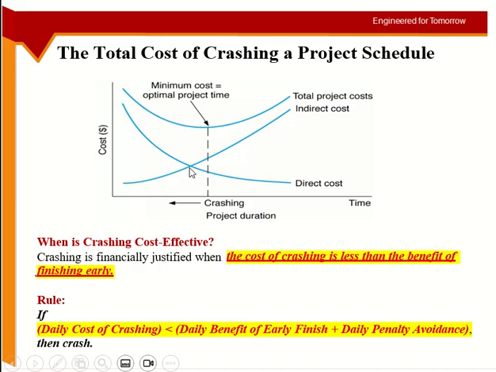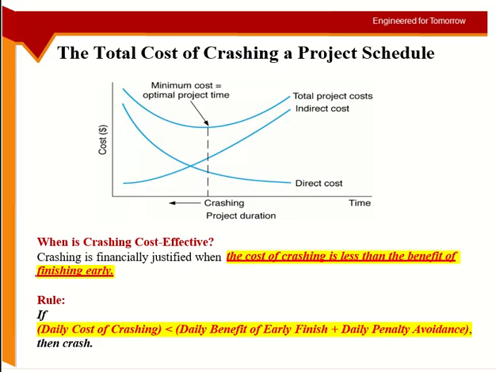But when I cross the intersection point, okay, now what is happening? This component is increasing and this is on the higher side. So after the intersection point, the overall impact of crashing is negative, meaning you are increasing the cost. Okay, you are increasing more direct cost than what you are saving in the indirect cost.